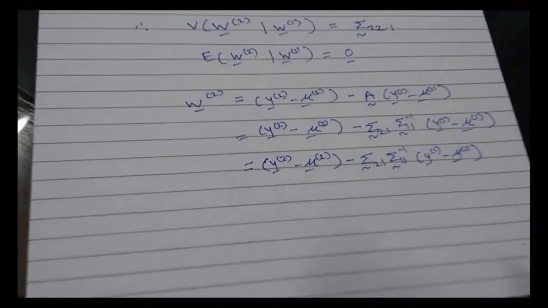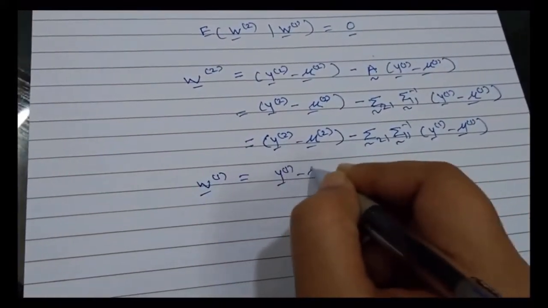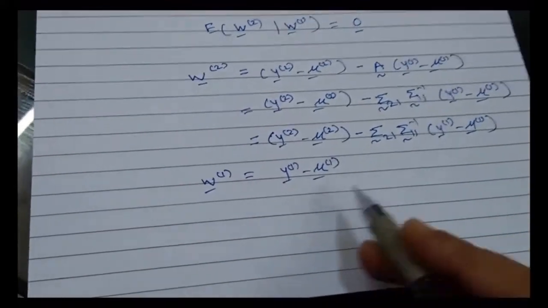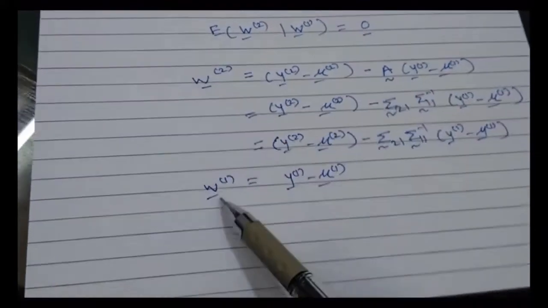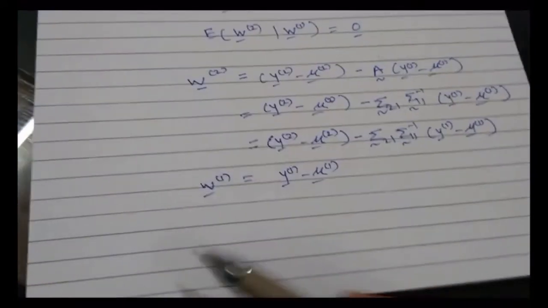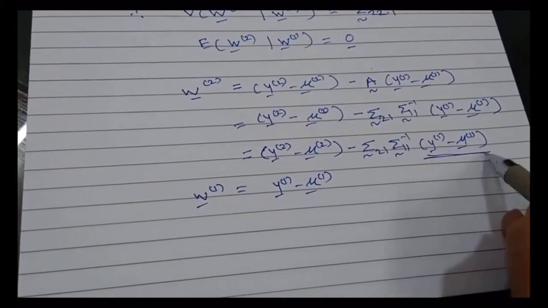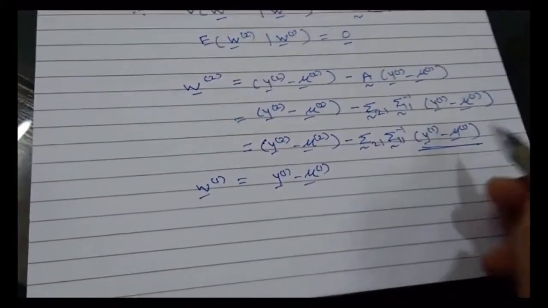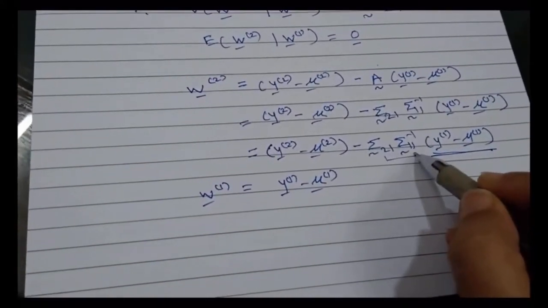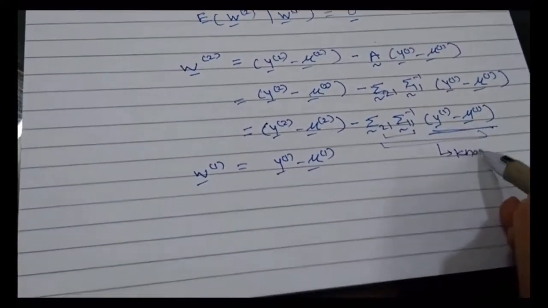We are saying that, and what is my W1? W1 is y1 minus mu1. So we are saying that the conditional distribution of W2 given W1 is the same as the marginal distribution of W2. If it is conditional, it means if W1 is known, then this component becomes known. Further, these are anyway constants, so this entire thing becomes known if we are conditioning on W1.